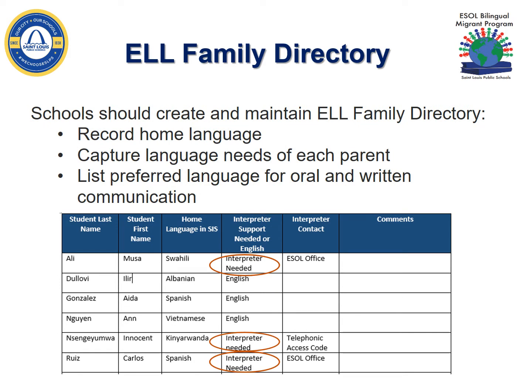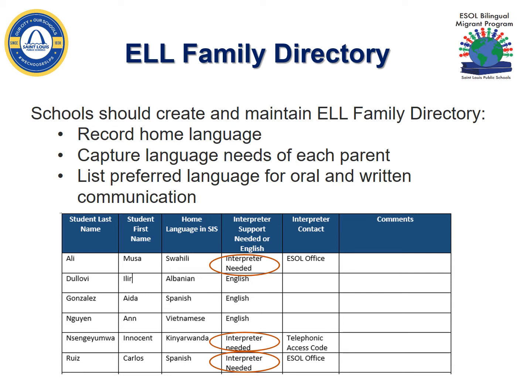Let's take a look at families that need an interpreter to ensure meaningful communication. Based on our sample directory here, there is a Swahili, Kinyarwanda, and a Spanish-speaking family that need an interpreter. The ELL family directory should reflect where to turn to for language access support when an interpreter is needed.